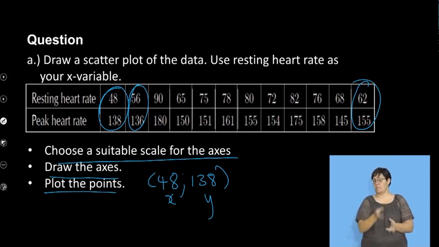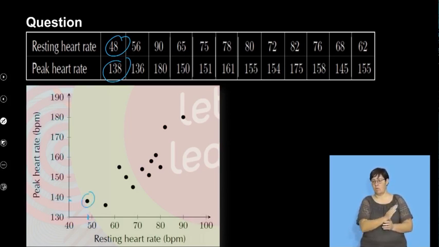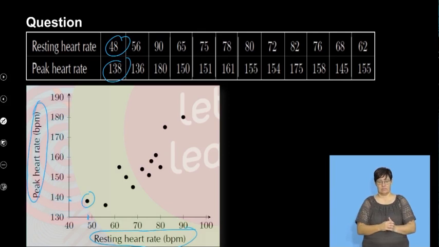Let's see what we get. This is what you get if we put in all the points. We can see 48 is somewhere there, and 138 is somewhere there, and we get that point. All the points have been plotted, with the peak heart rate on the y-axis and the resting heart rate on the x-axis.